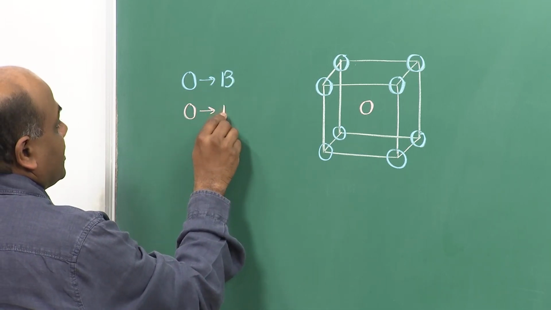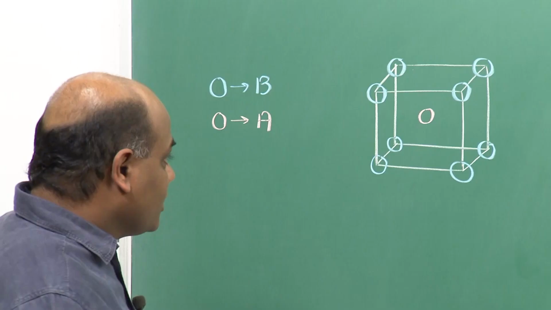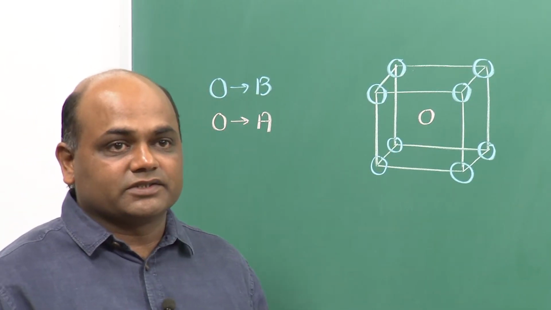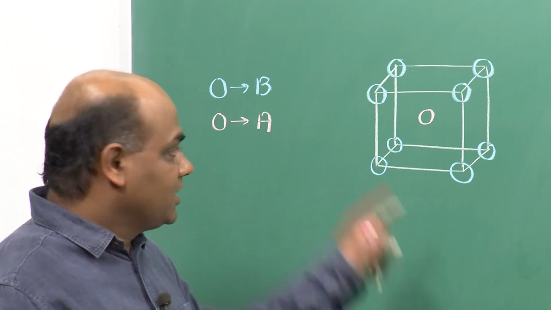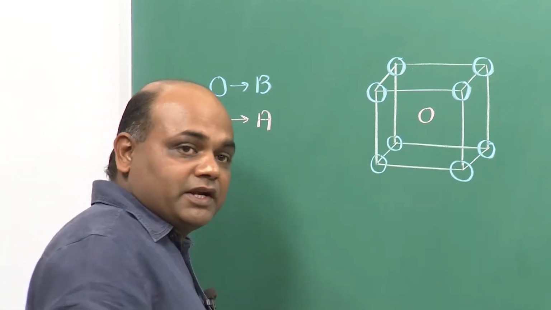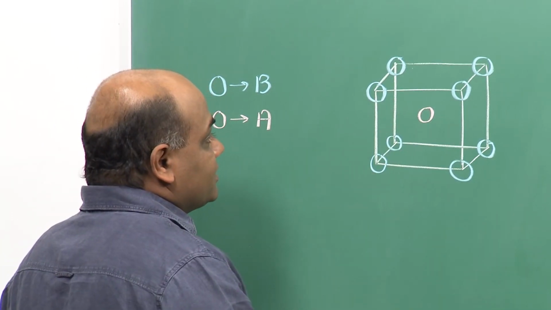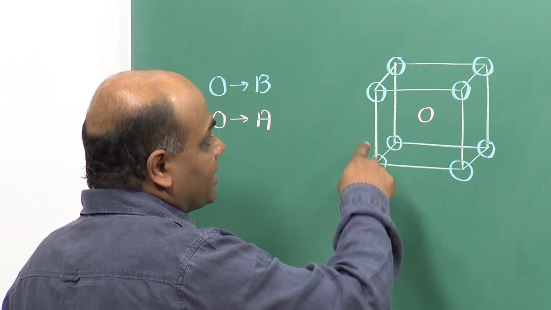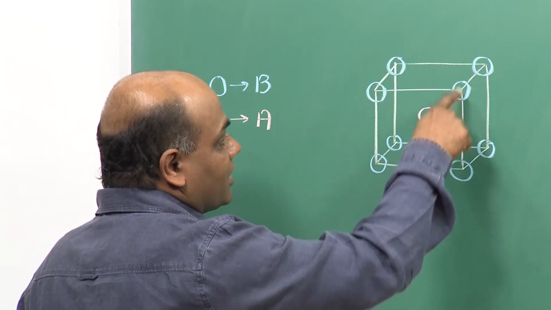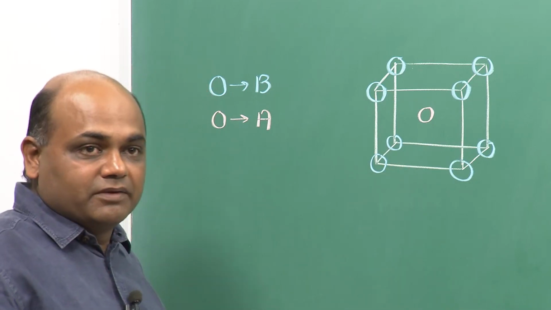Each of the A and B form their own sublattices, which is of the type of simple cubic. So, in this particular cube, it is very easy to see the simple cubic sublattice of type B, because all the corner atoms are occupied by type B.